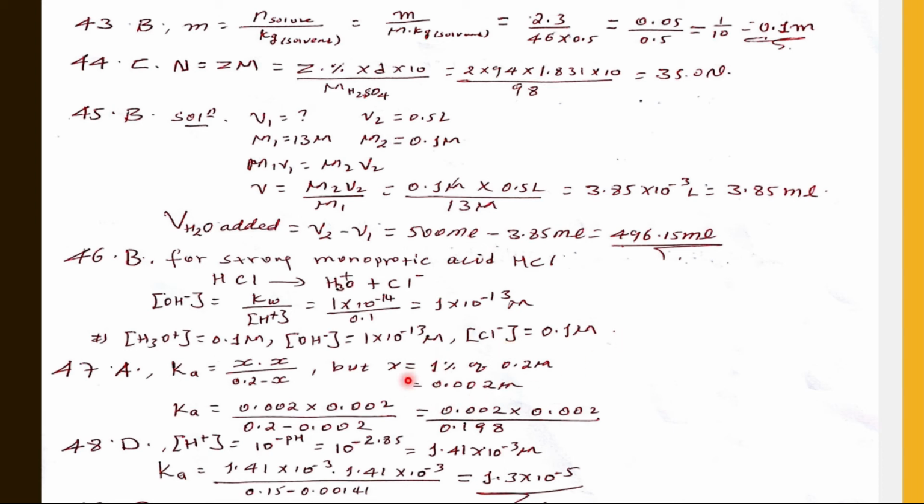That is 0.002 molar. And Ka is equal to concentration of products over equilibrium concentration of reactant. And this is 0.002 times 0.002 over 0.198.